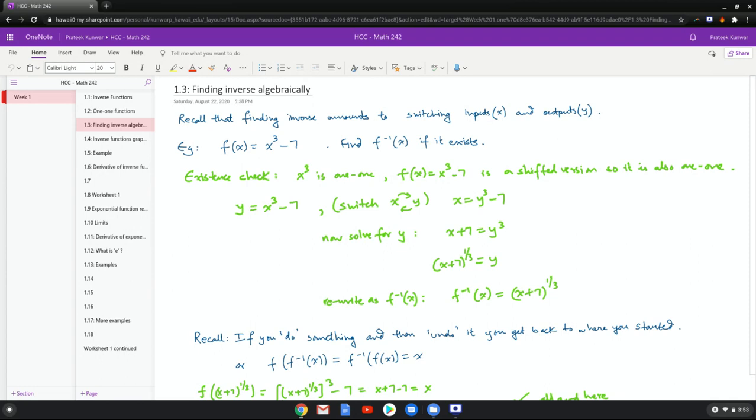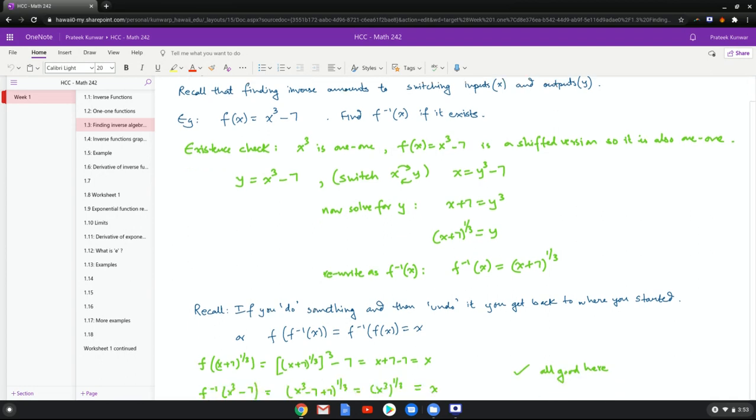Now there's one last step remaining. You've checked if it exists, and then you found it, and then you have to make sure that what you found is correct. So that's a verification. To verify, recall the idea behind inverse functions, or the relation between a function and its inverse: if you do something and then you undo it, you get back to where you started.